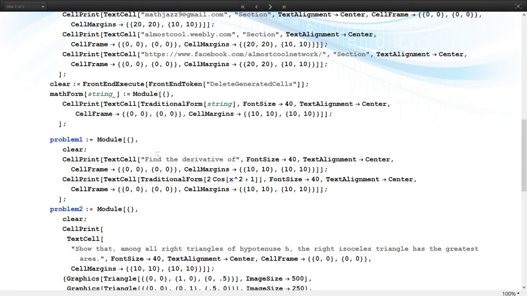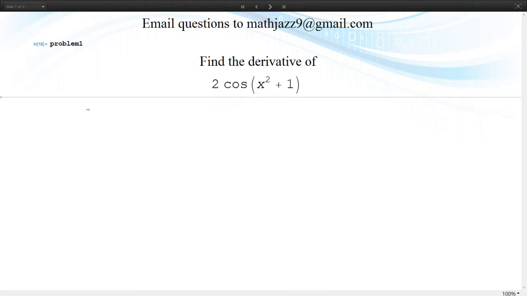Okay. Oh, forgot to execute these cells. There we go. Find the derivative of 2 times the cosine of x squared plus 1. So, this is a chain rule problem. The coefficient on our function is 2, and that can be just brought out in front. So, the 2 gets left alone.